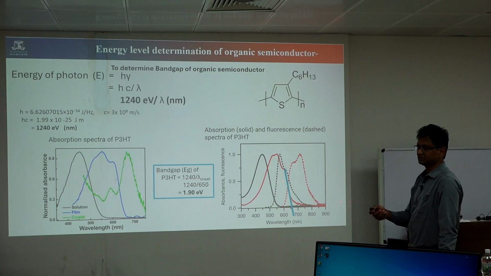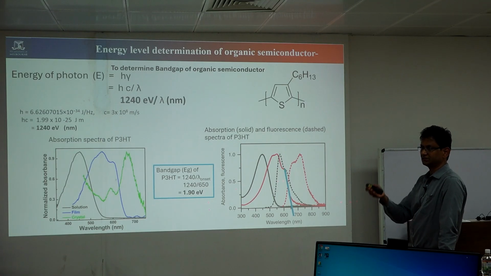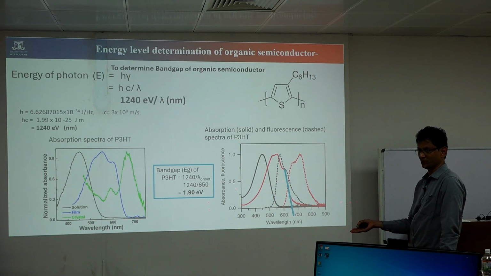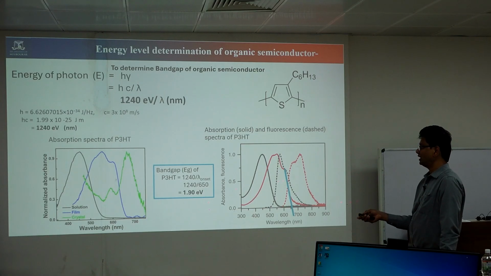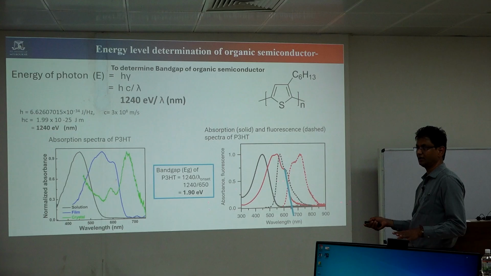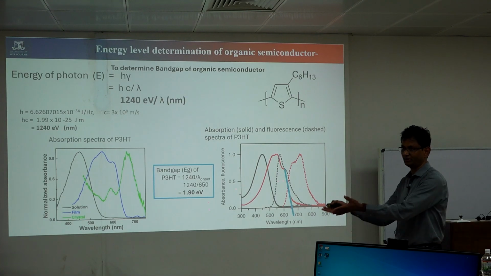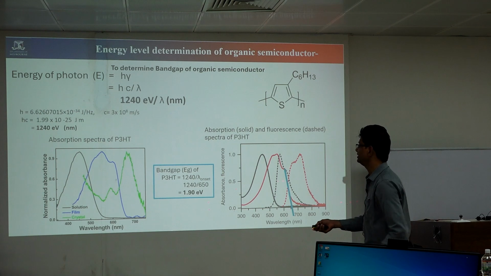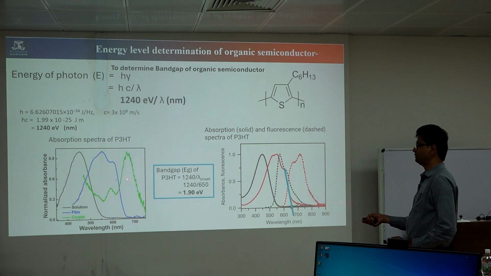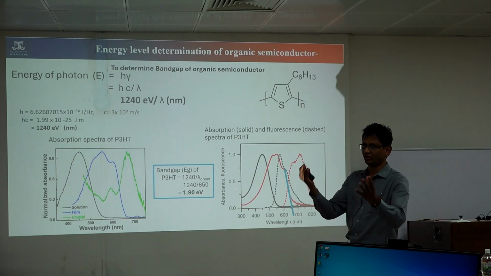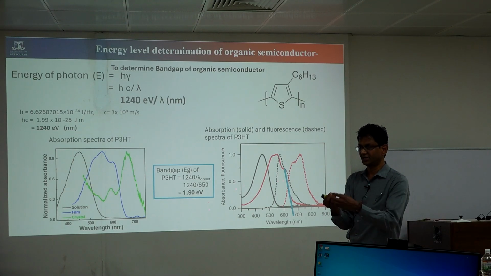So for any molecule, if you take it as a solution versus in the solid state, the absorption will be different. Many people report only the solution absorption, but for our purpose that's not right. We need to take absorption in solid state, because your device will be in solid state. Crystal may not be possible for some molecules, but some organic molecules, if you leave them in a solution, slowly evaporate, can self-assemble and form crystal.